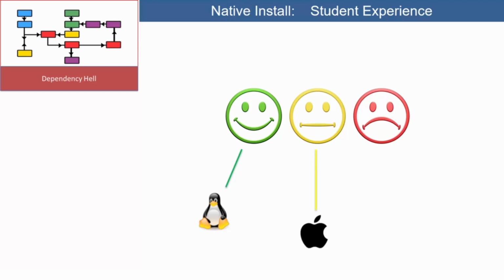The Mac users are somewhere between the Windows users and the Linux users. The Windows users are the ones who struggle the most. There are many problems that have been reported and resolved in the past couple of months. So it's not that it doesn't work, it's just that it'll take you more time if you are on Windows to install and get your Hyperledger Fabric environment up and running.